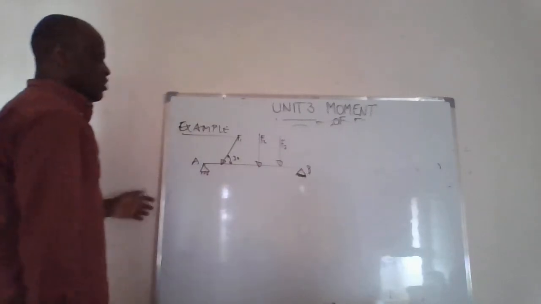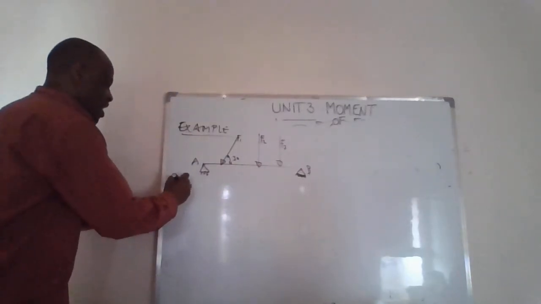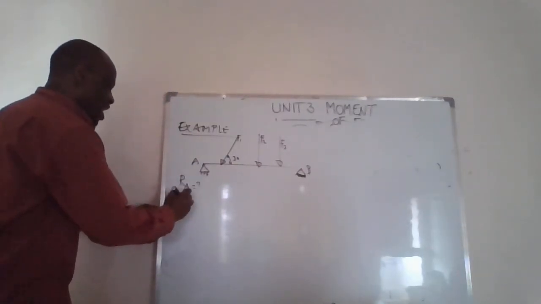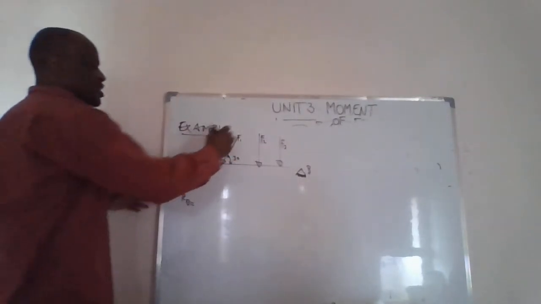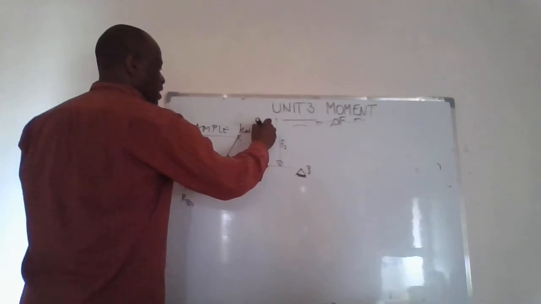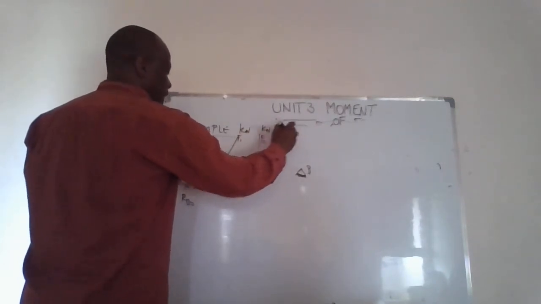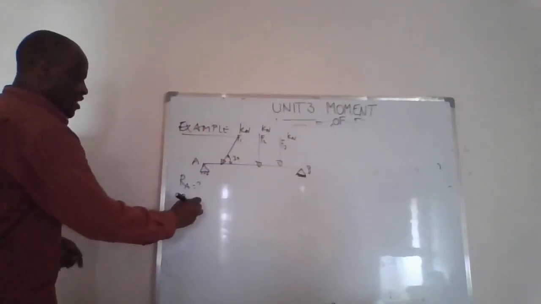We are requested to get RA and RB, while the forces are all known. The forces are in kilonewtons. But we need to get RA and RB.